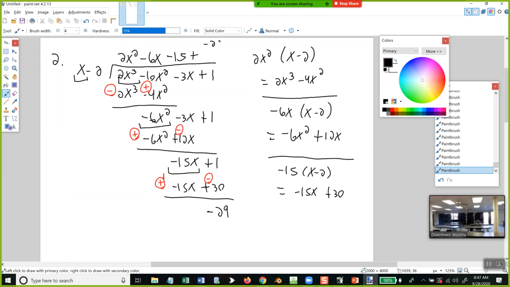Well, we take our remainder and we put it over what we're dividing by, because there's nothing times x that gives you negative 29. Actually, when the degree of this becomes less than this, that's your remainder. So yeah, that's our answer right there.